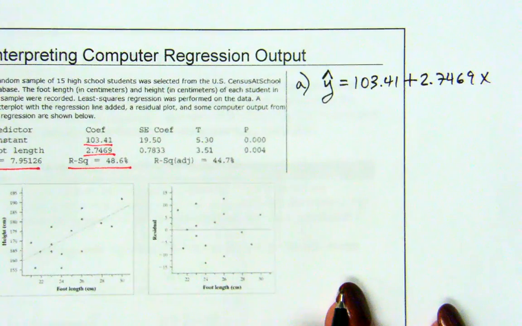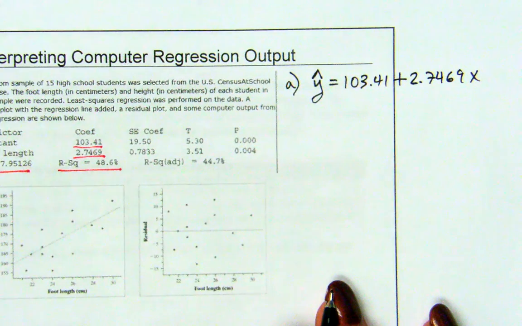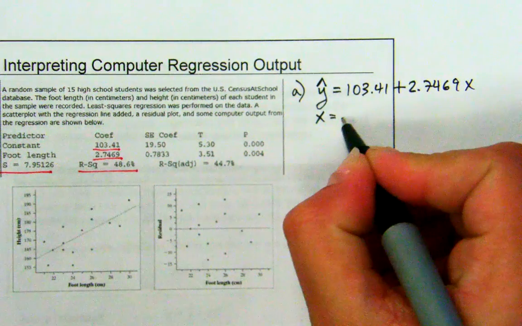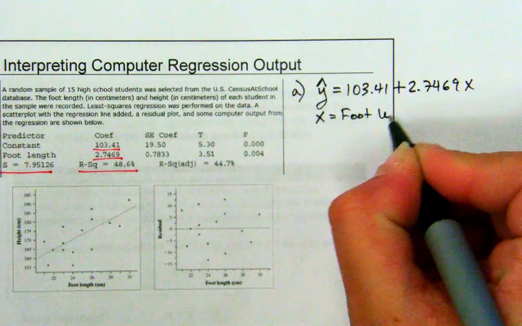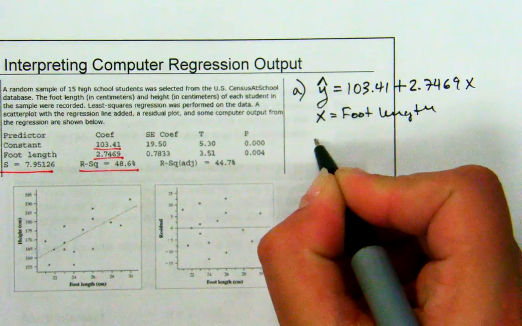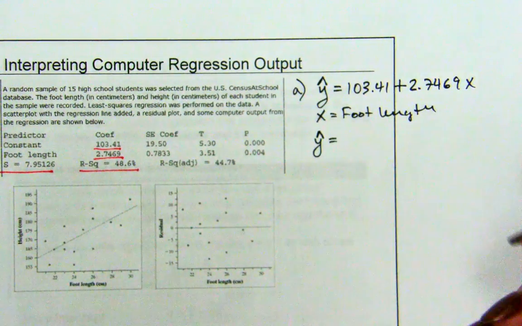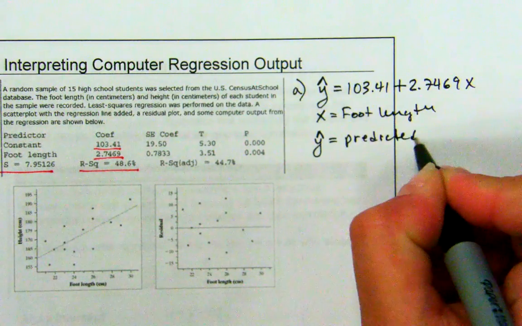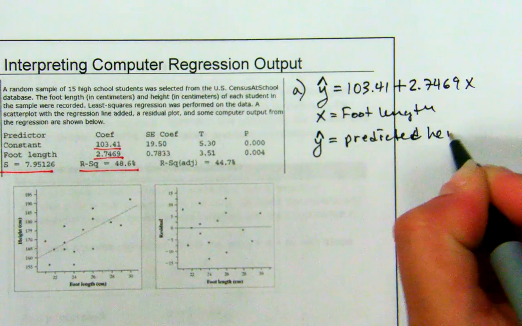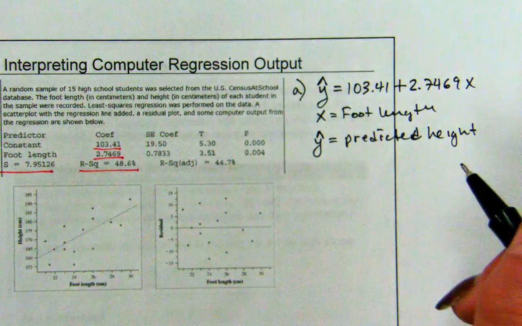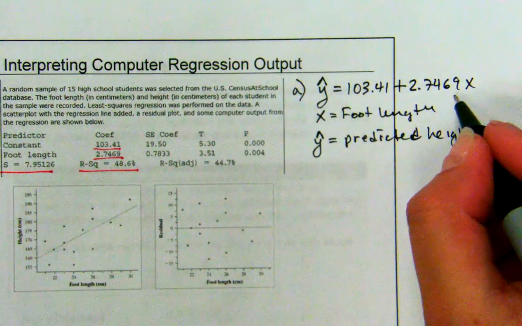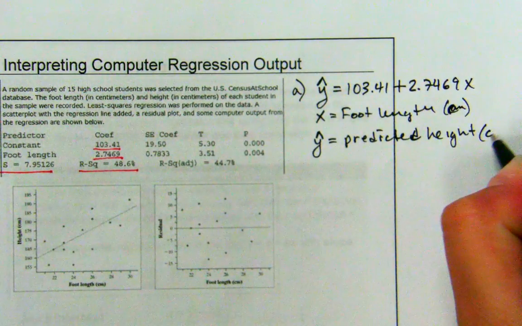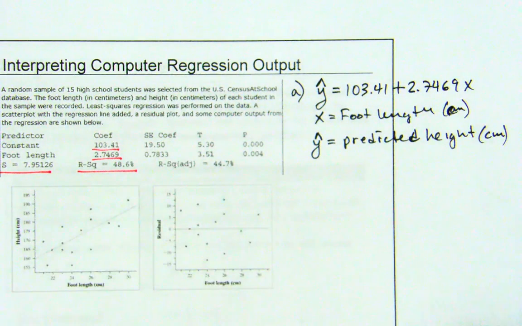Okay, so I didn't actually define any variables in this, which is what I'm going to do right now. So our x is going to be the foot length, and our y hat is going to be the predicted height. In centimeters, and foot length in centimeters. Sorry, that's a C. And our predicted height in centimeters.